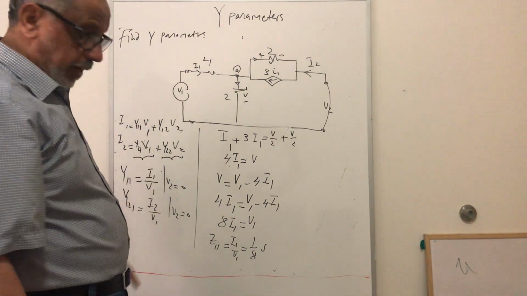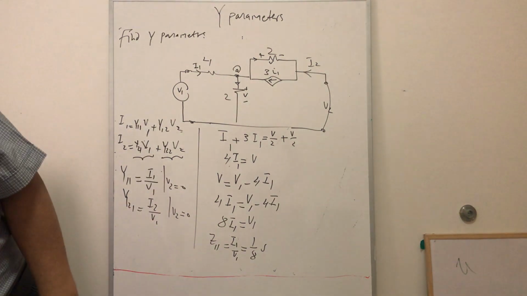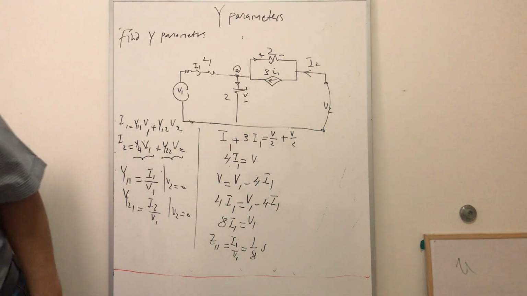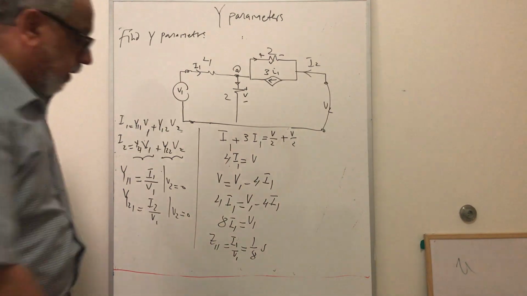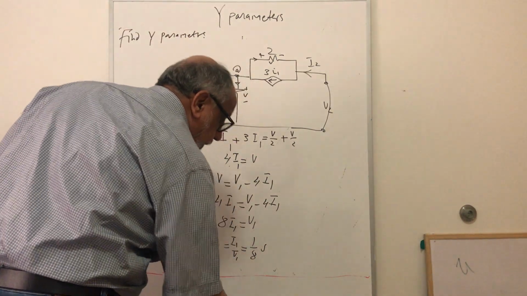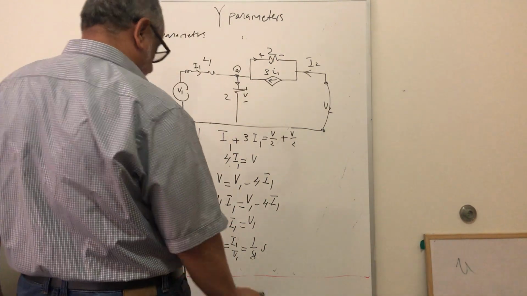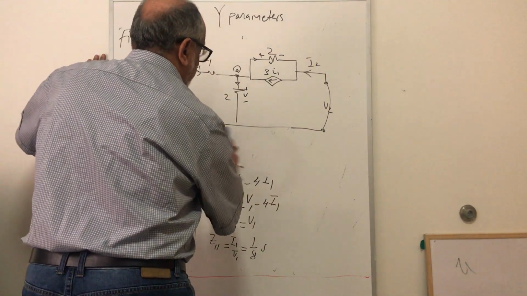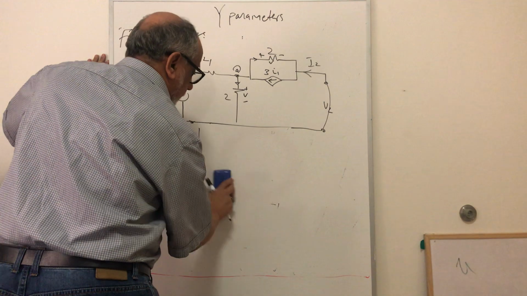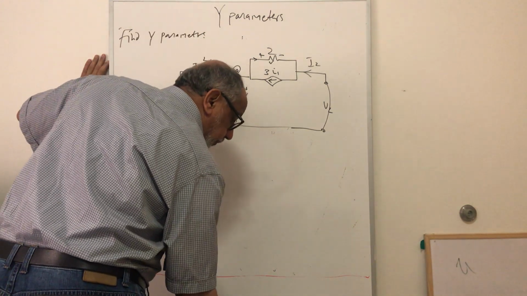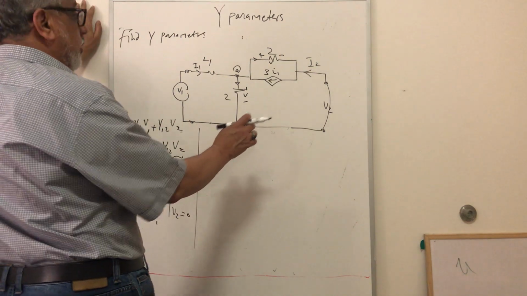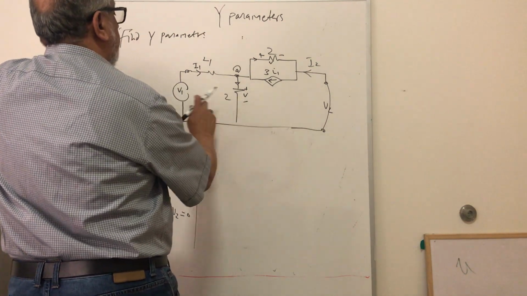Now the second one is to find what is Z21, so we can simply use the same circuit, right? So we know that we want to find now a relation between I2 and V1.